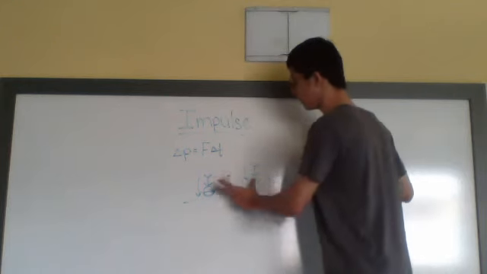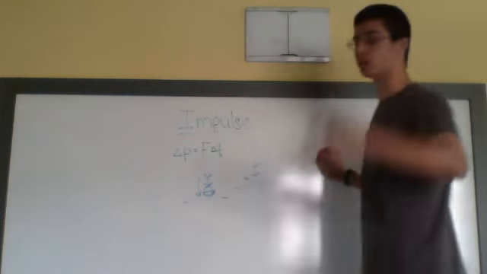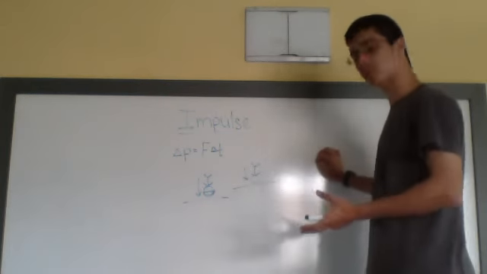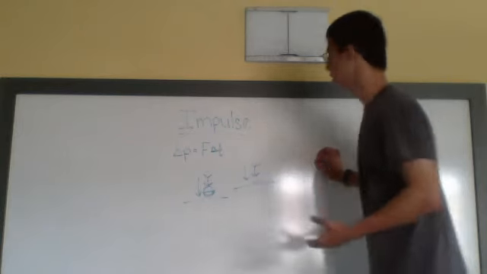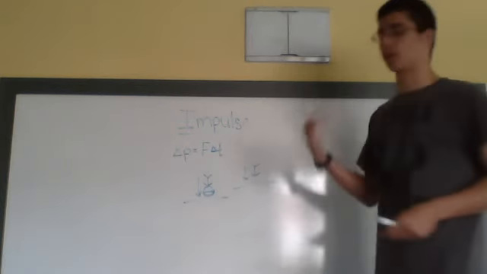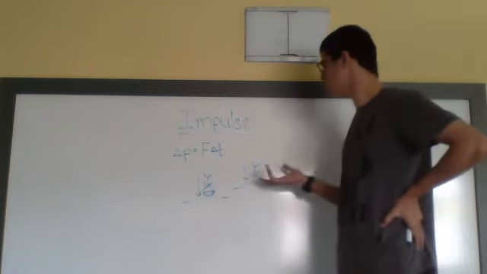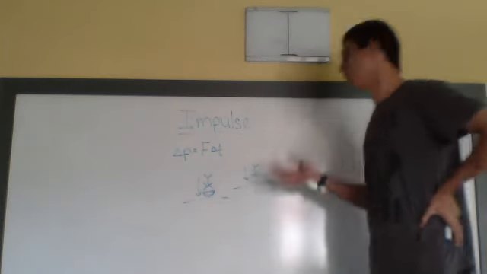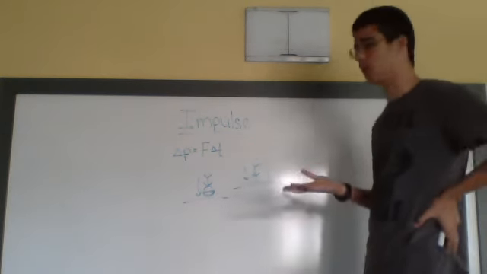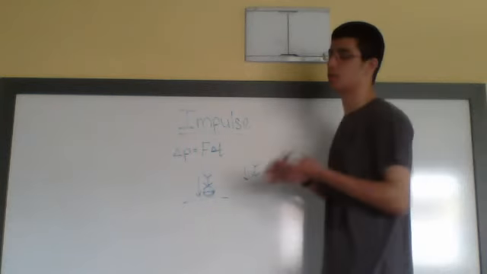Now, say you have a person falling down head first into the earth, say in a bike accident, and he's not wearing a helmet. Now, his change in momentum is the same, because he has to decrease the velocities by the same amount.